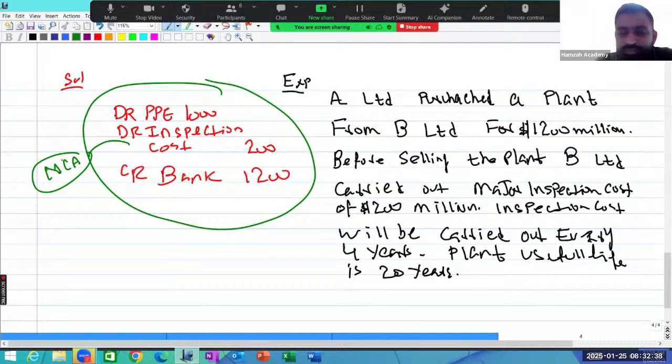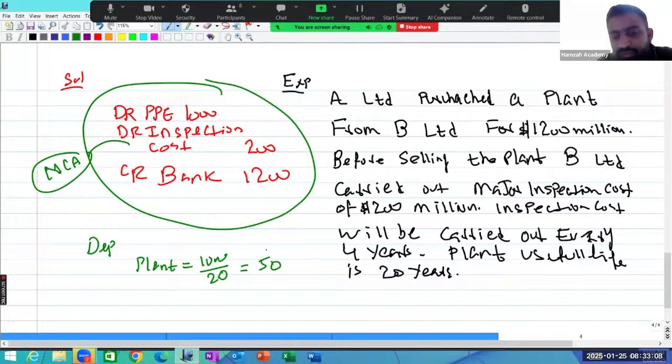And now, when we calculate the depreciation, the plant depreciation will be 1000 divided by 20, and that will be $50 per year.